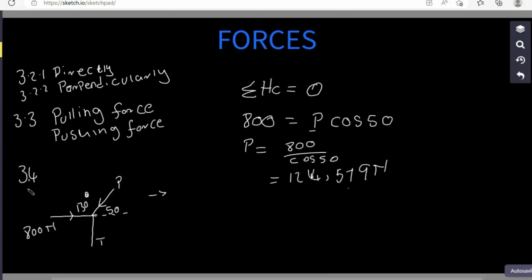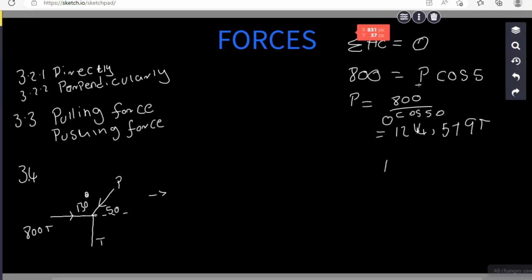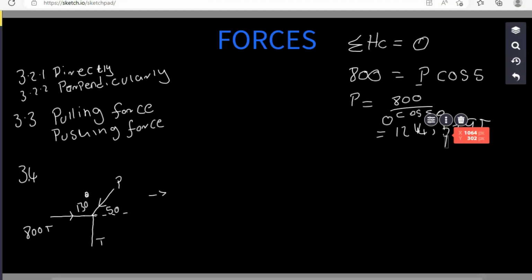We then move on. We are going to then calculate for the vertical component.